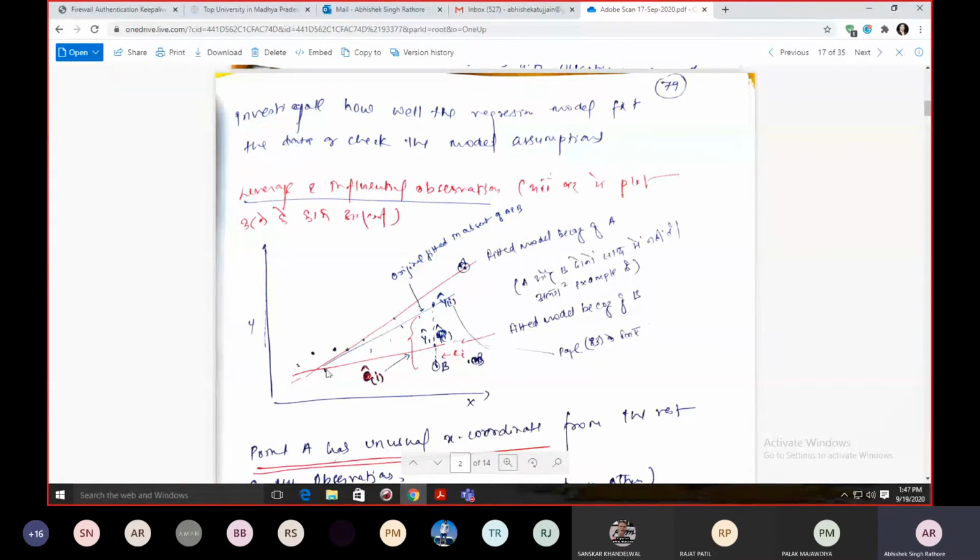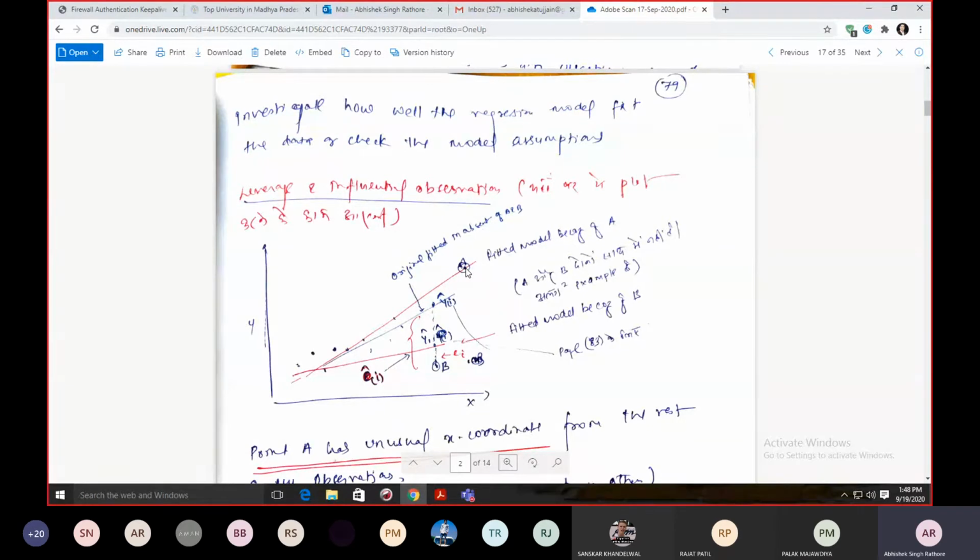Let's check this example again. Let's say we are not considering point A and point B. From this point to this point, we have a fitted line, and this line fits very well and covers all those points very well, and we have some significant values for our F test and t test. Fine. Now we consider, let's say, this is A, which is just your leverage point.